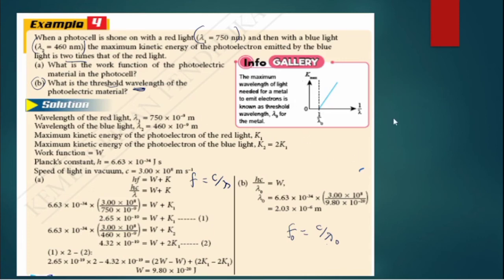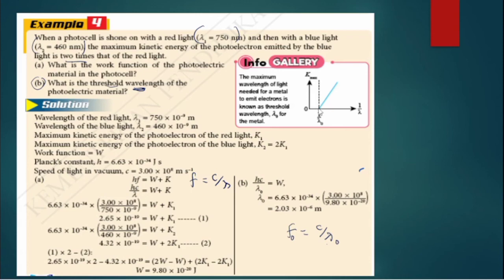Remember this graph. Just now we discussed K maximum against frequency. As we know, frequency is inversely proportional to wavelength, so we can also plot a graph of K maximum against 1 over lambda, and we get the same shape of line.